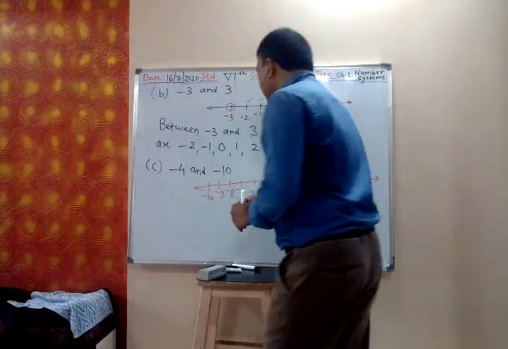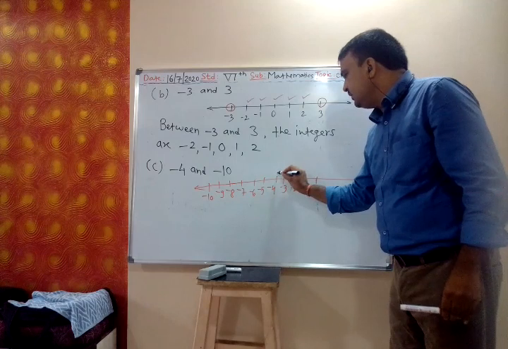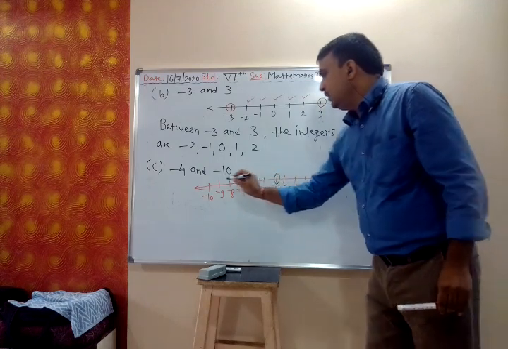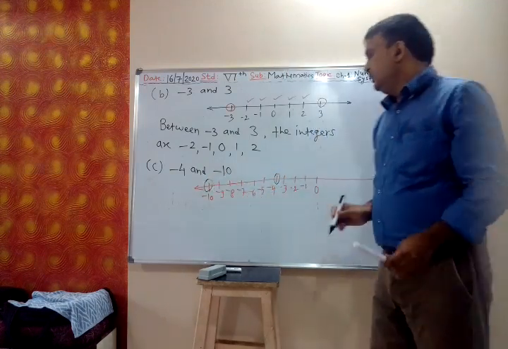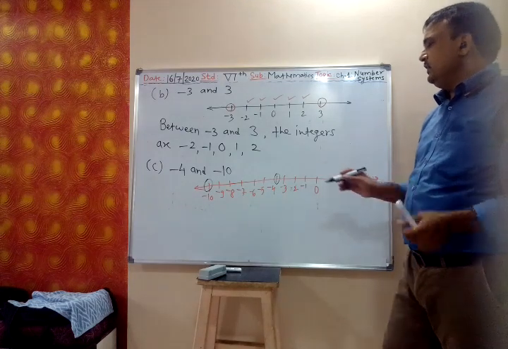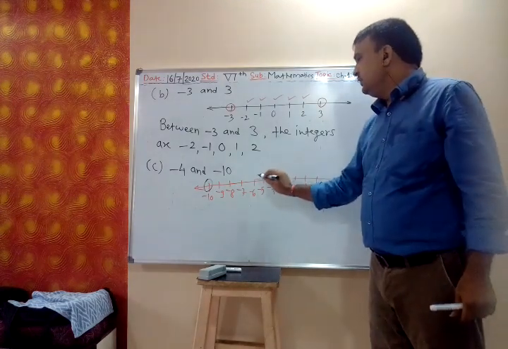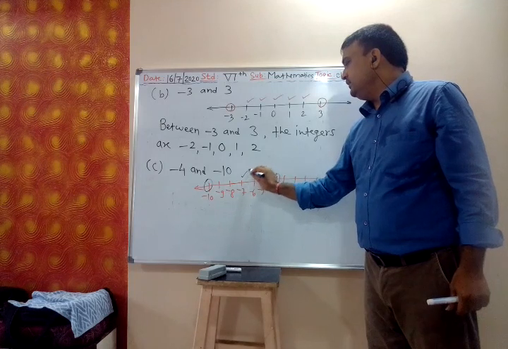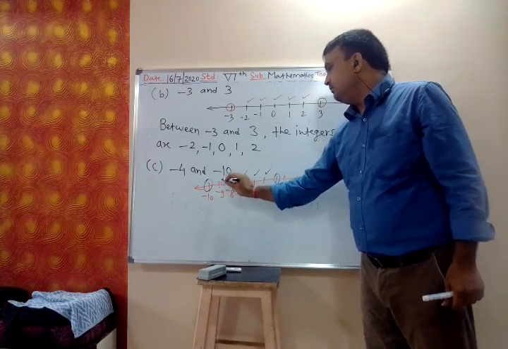So between minus 4 and minus 10, what are the integers? Minus 5, minus 6, minus 7, minus 8, minus 9.